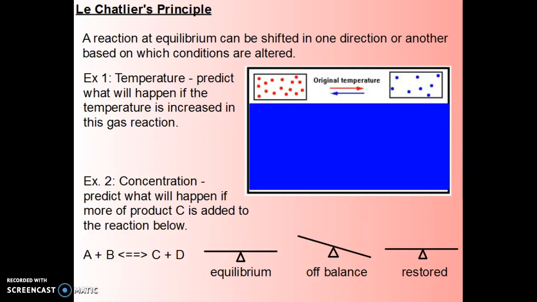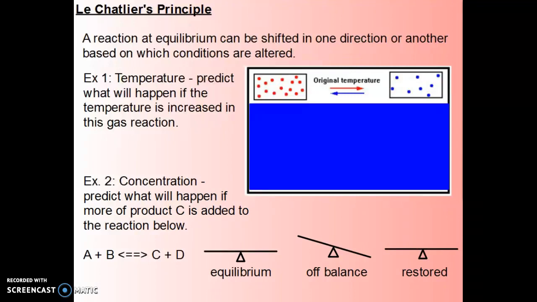So this brings us to Le Chatelier's principle. When you have a reaction at equilibrium, you can shift the reaction in one direction or another, which basically means make the concentration of products or reactants higher based on whatever condition you're altering. So one example is if we were to change the temperature.